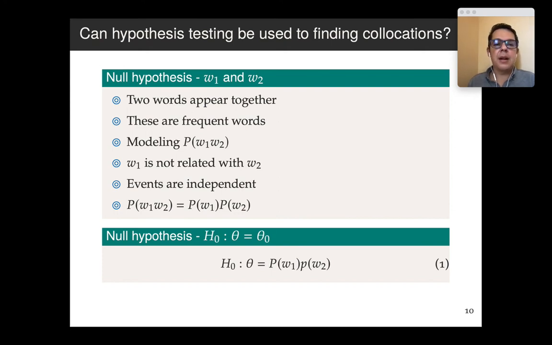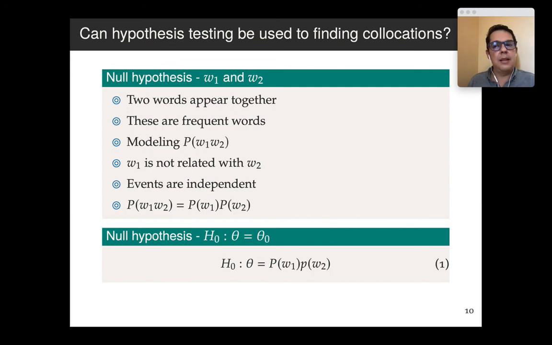So the idea is that we have words, and these words are going to appear together. The question is whether these words appear together just by chance because they are frequent, or they are appearing together because they are related.